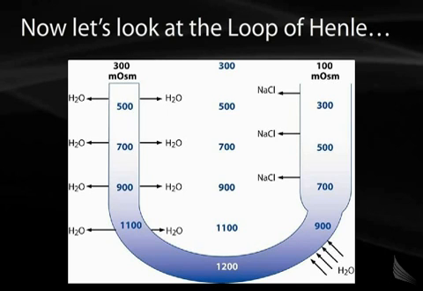However, the impermeability of the thick ascending limb to water creates a final dilute urine that leaves the loop of Henle. Much of the solute has been reabsorbed. Once again, water has been reabsorbed in the thin descending limb, but the final urine that leaves the thick ascending limb, because of solute reabsorption, is dilute relative to plasma.